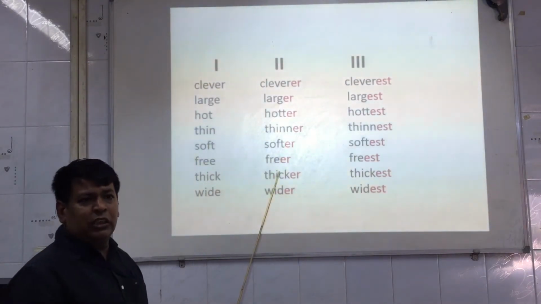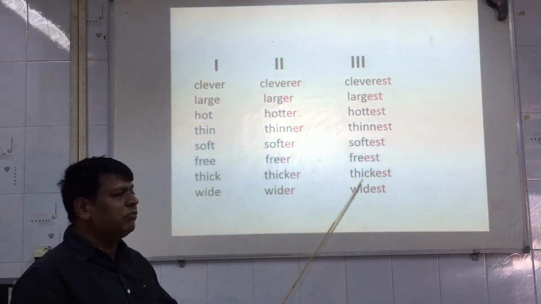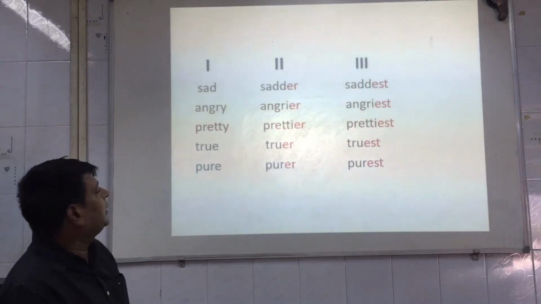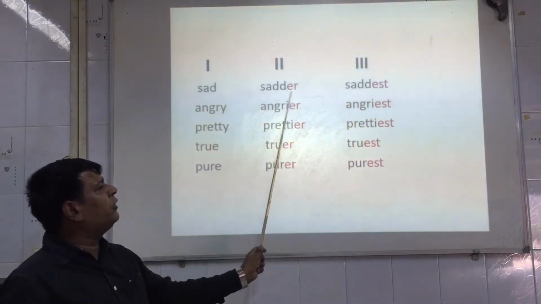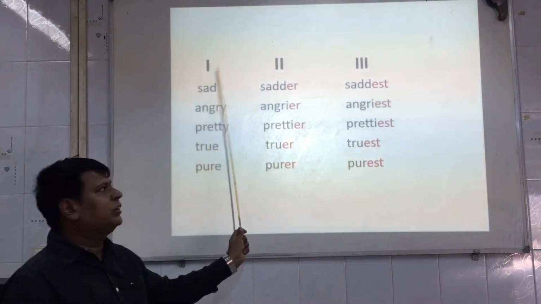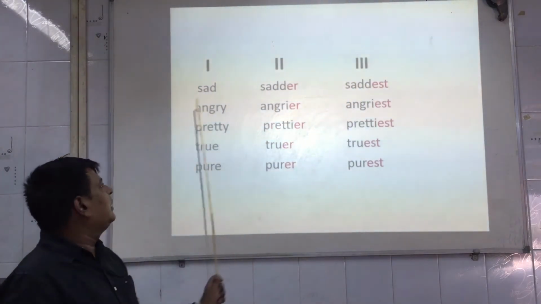Thick, thicker, thickest. Wide, wider, widest. Sad, sadder, saddest. Same thing, we keep adding er to the base form and est to the base form. This is the comparative degree and this is the superlative degree.